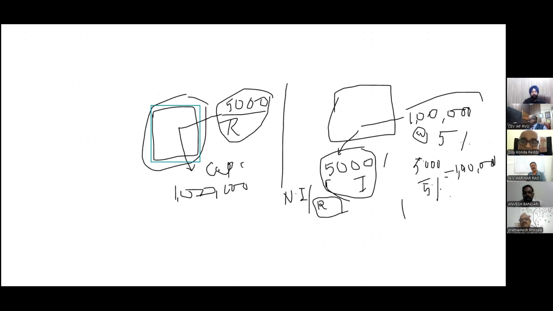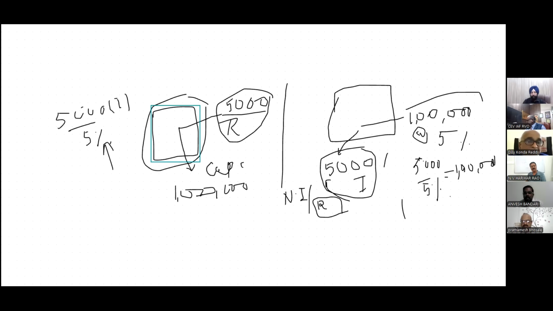This 5% is the capitalization rate, we generally call it cap rate.